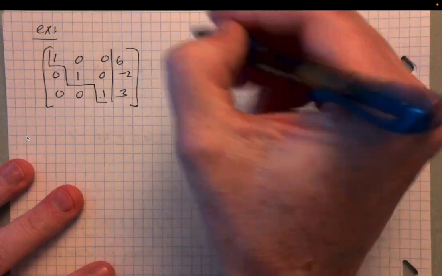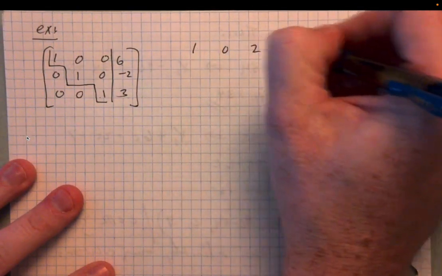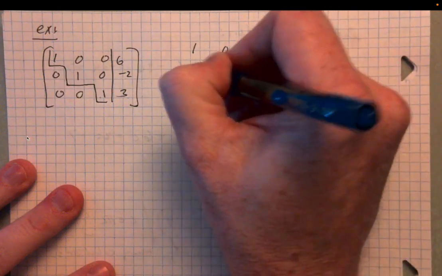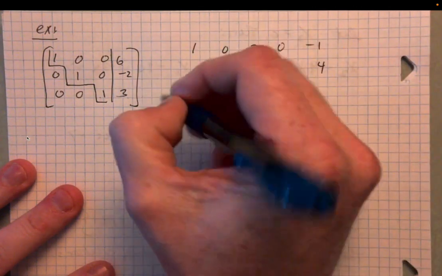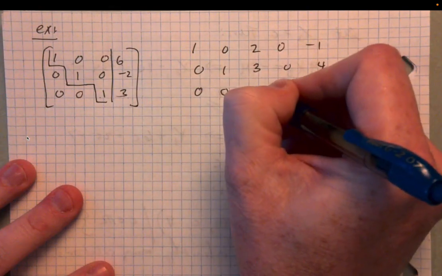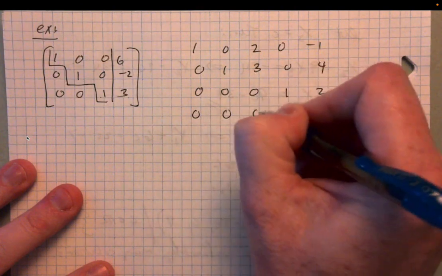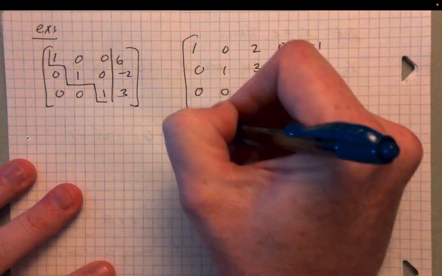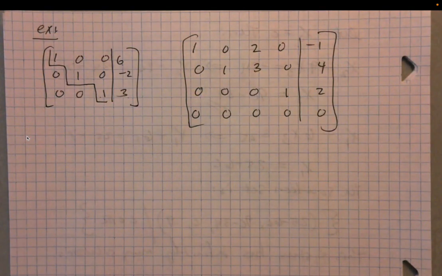Another example would be something like this: 1, 0, 2, 0, negative 1, 0, 1, 3, 0, 4, 0, 0, 0, 1, 2, and then all zeros at the bottom. Okay, so this fits the bill of reduced row echelon form as well.